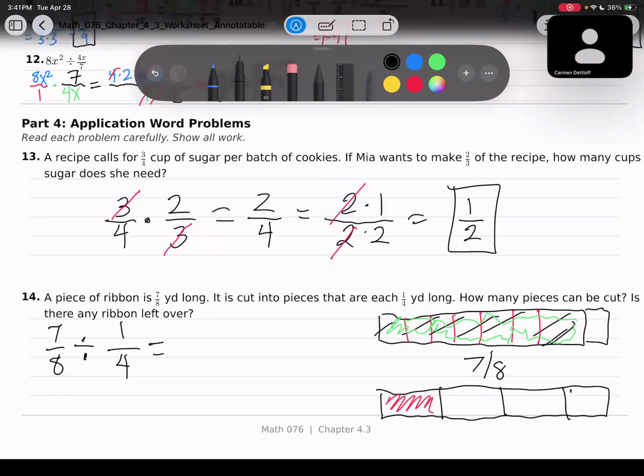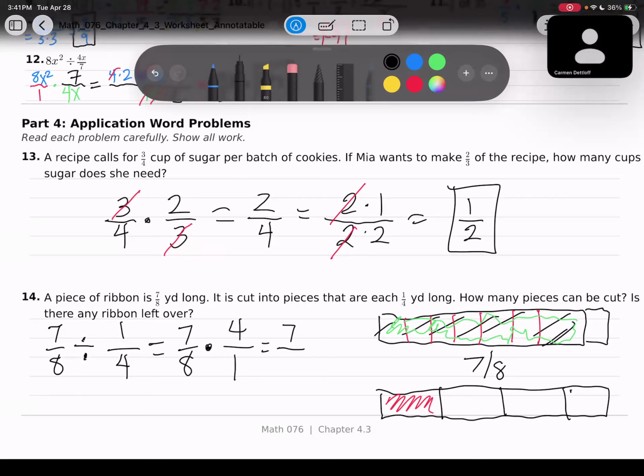Okay, so how do I solve this? Just like I'd solve anything else. I keep my first fraction, 7/8. I change my multiply to divide, and I change my second fraction. It flips, and I get 4/1. Okay, I'd like to see if I can simplify it all. I get 7 over.